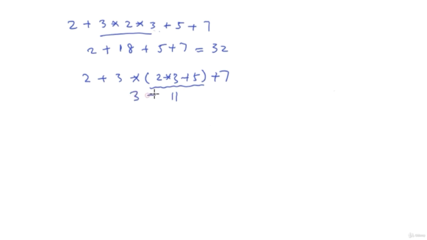That becomes this. Now with this, the normal priority applies. It would do this first, 33, and then do this addition again, 35 plus 7, 42.